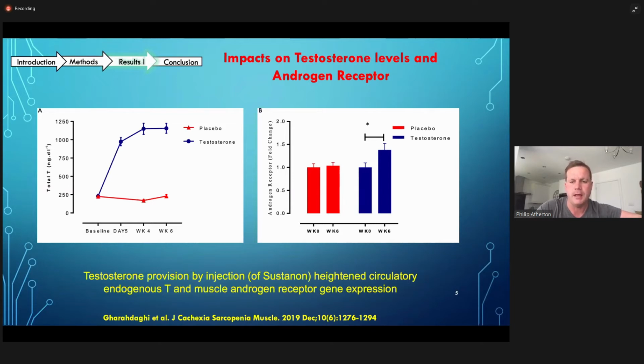What you can see there is that in the testosterone group, you saw a chronic upregulation of the AR, whereas in the older placebo group, we did not see that. So this was suggesting that the testosterone was indeed having an effect in self-regulating the androgen receptor expression within muscle. And as I said, there is an interest around that general area of how the AR might lead to adaptation.